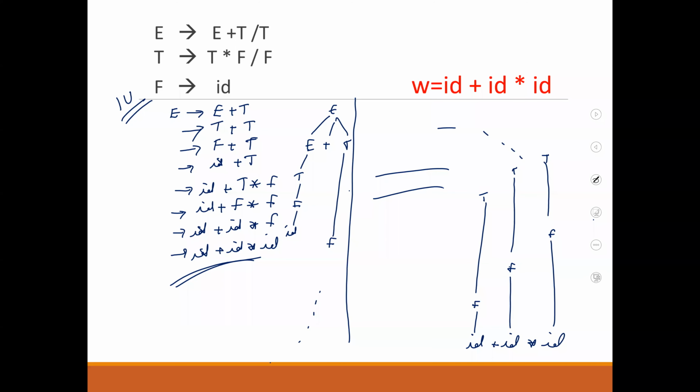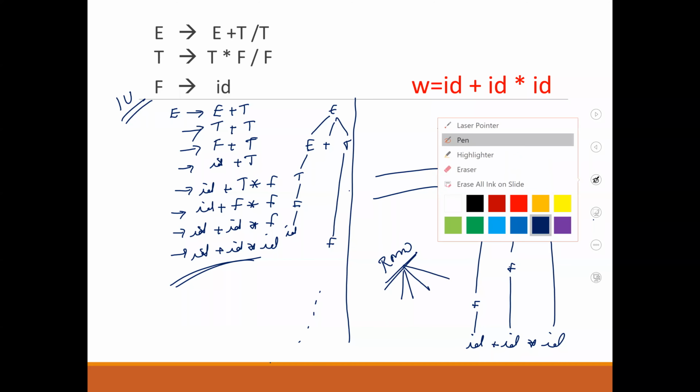This actually you can be doing in different ways. That is why, when you go for R&D, you have different kinds of parsers. Okay, you can either do it like this, or you can even do it like this. ID plus ID into ID.